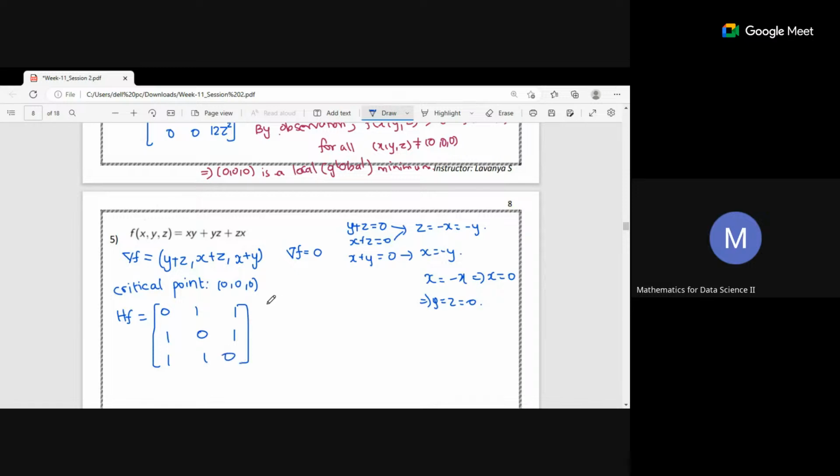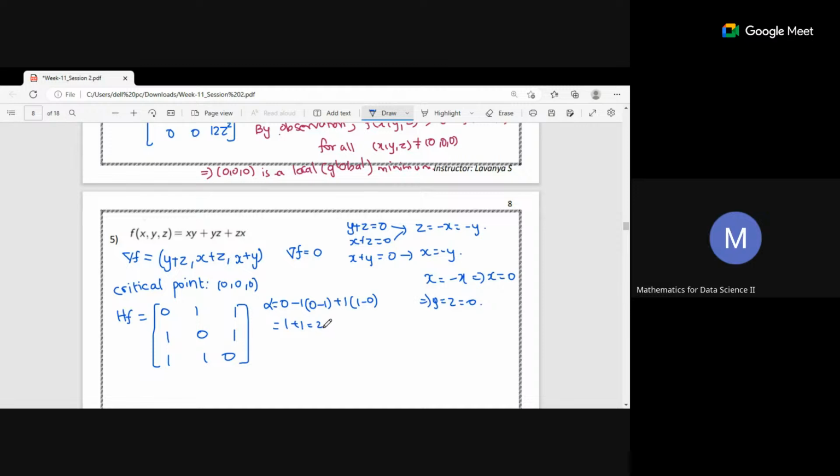Now what is the value of alpha? What is the determinant of this matrix? First is 0 minus 1 times of 1 minus 0, minus 1, and then plus 1 times of 1 minus 0. So this is 1 plus 1, 2.